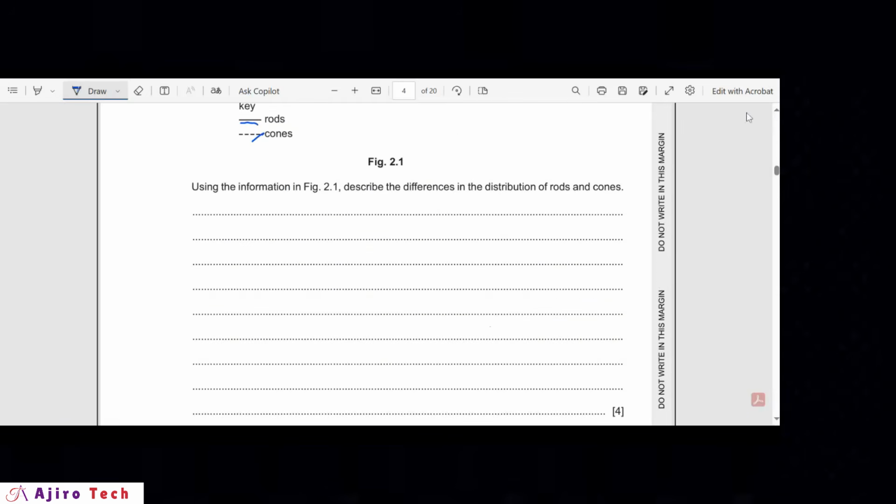Since the question asks us to describe, there are more rods. That's from a general outlook. There are more rods than cones. It's obvious. Or you say there are fewer cones than rods.